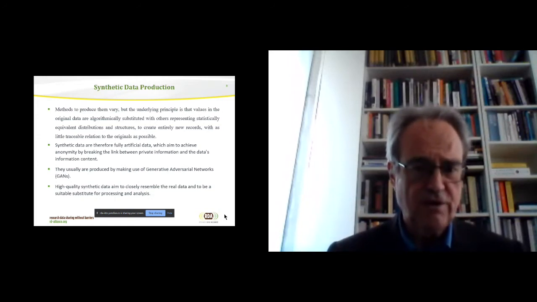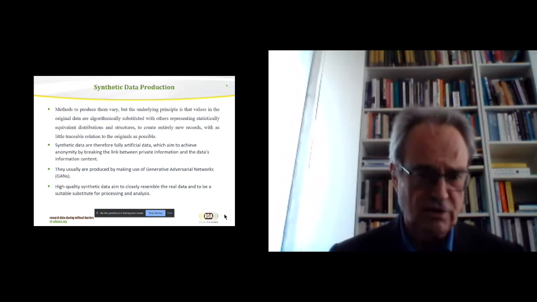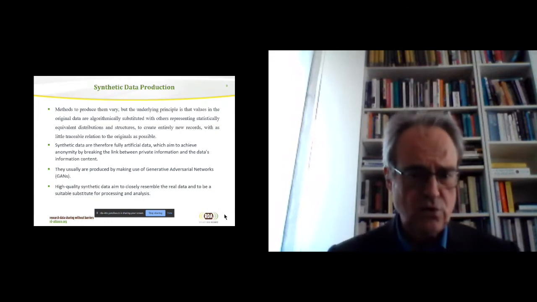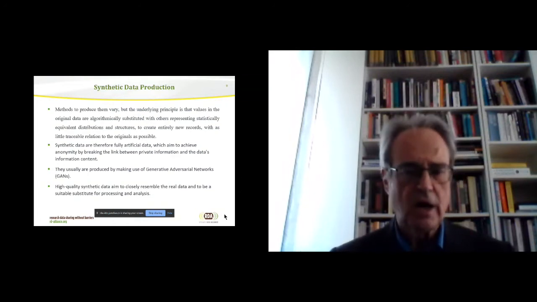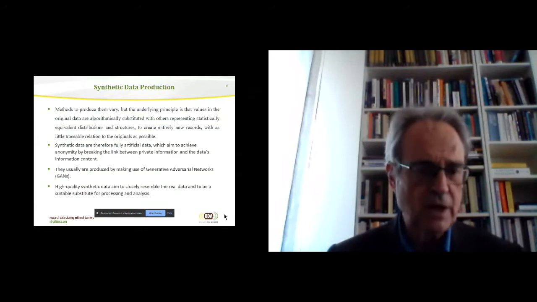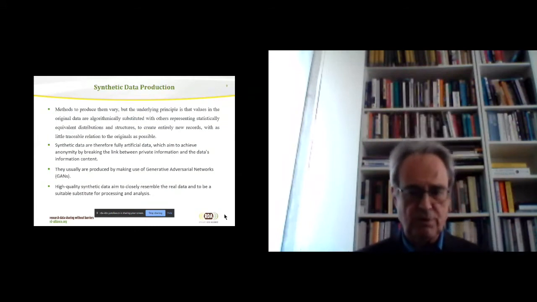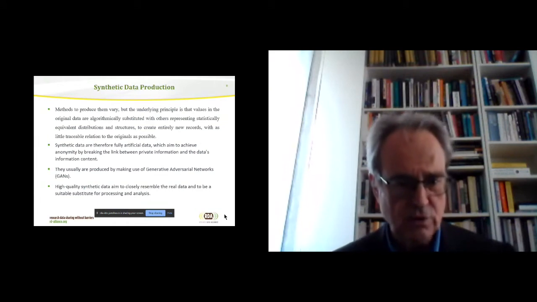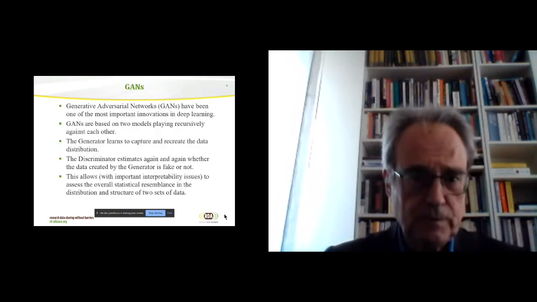Synthetic data are therefore fully artificial data which aim to achieve anonymity by breaking the link between private information and the data's information content. They usually are produced by making use of generative adversarial networks, called GANs, and I'll tell you more about this. High quality synthetic data closely resemble the real data and are a suitable substitute for processing and analysis.